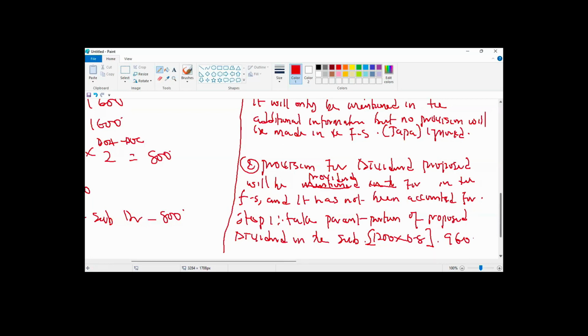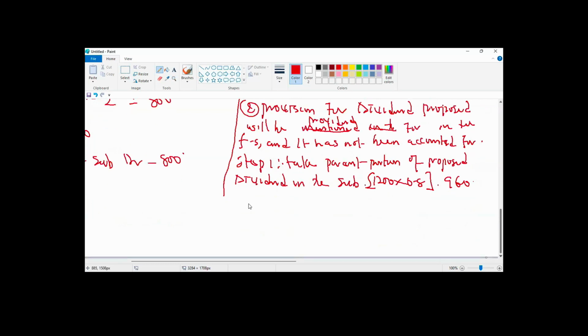I will now say, retained earnings of the parent, you will credit. Proposed dividend, debit. That's all.